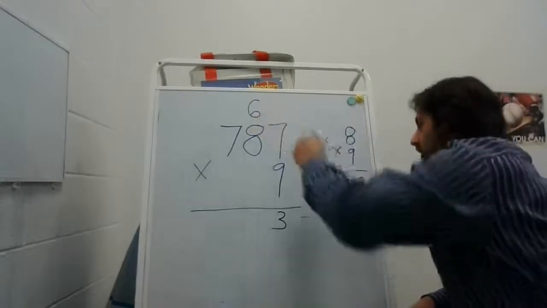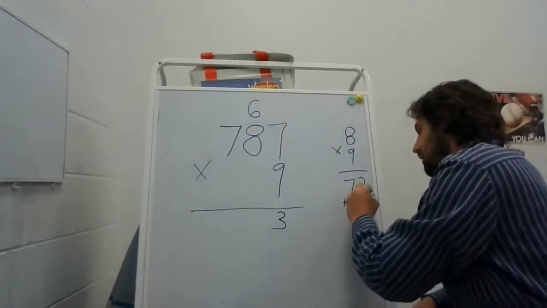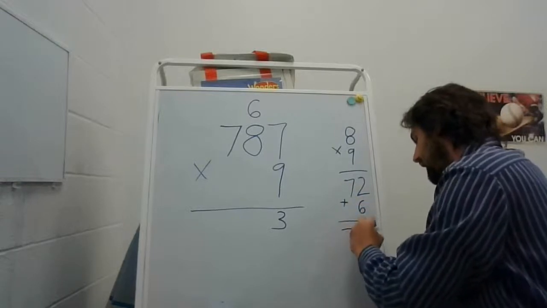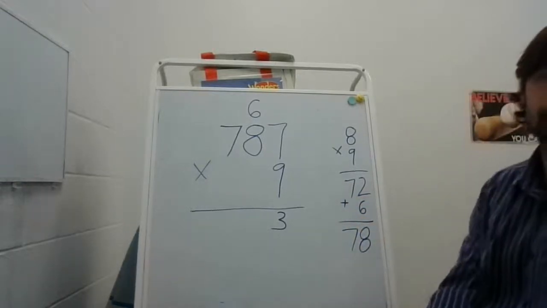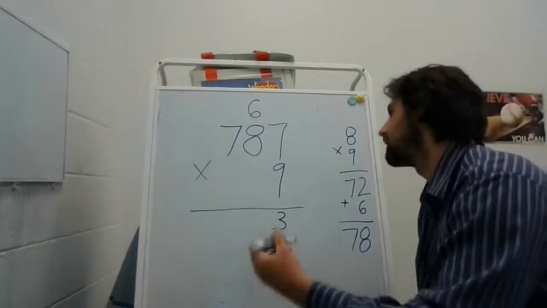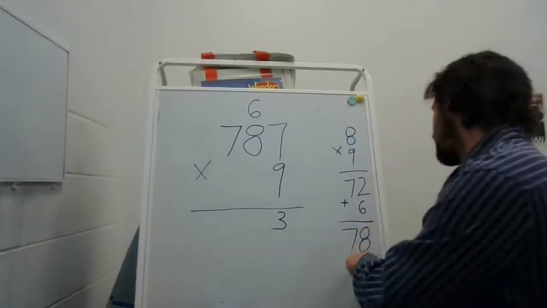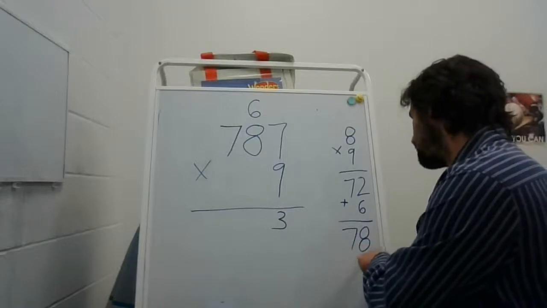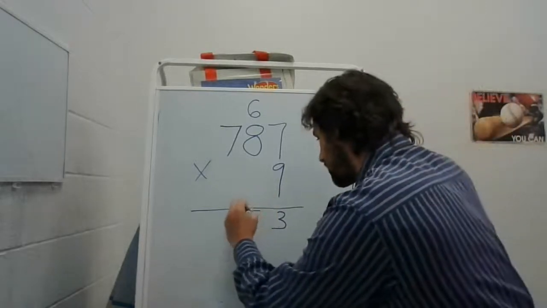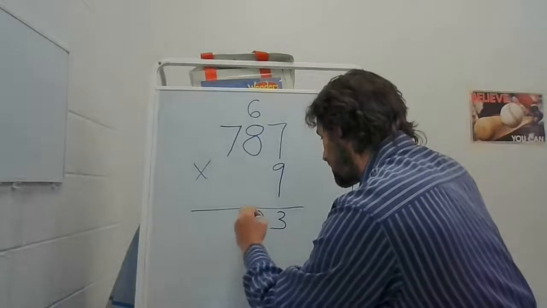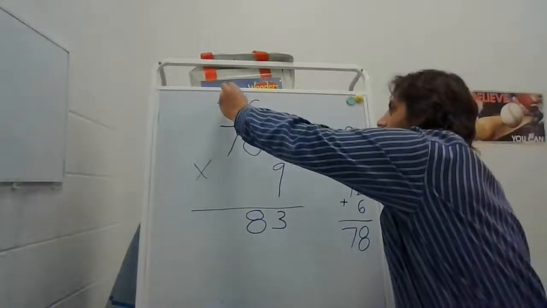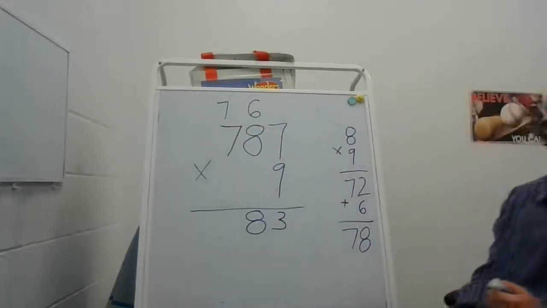Since we carried over the 6 from our last problem, we're going to add that to our answer. 72 plus 6 is 78. Now, again, our answer is more than 10, so we need to regroup. The 8 in 78 is going to go in the tens place, and the 7 in 78, we're going to carry over to the hundreds place.